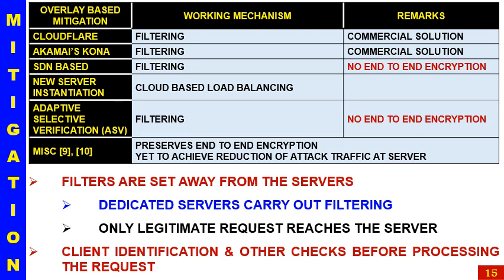The dedicated servers which carry out filtering forward only legitimate requests to the server, thereby guarding against the slowloris attack. Load balancing also works in a similar fashion. These servers also carry out client identification before forwarding the request, thereby guarding against malicious requests.